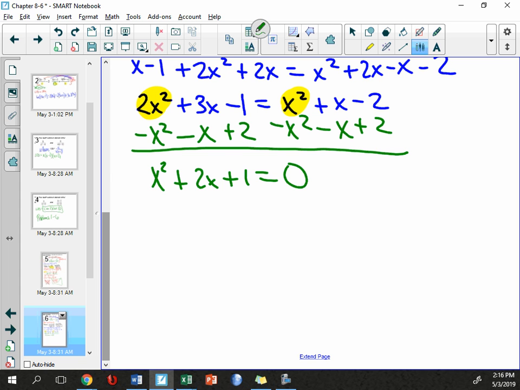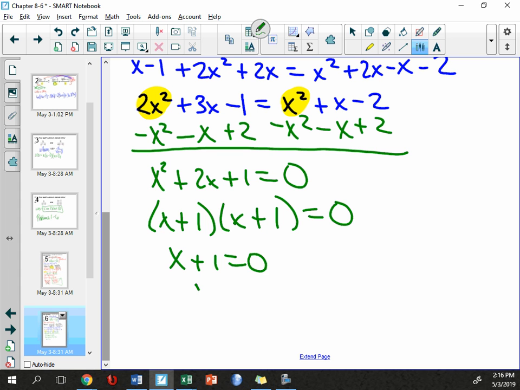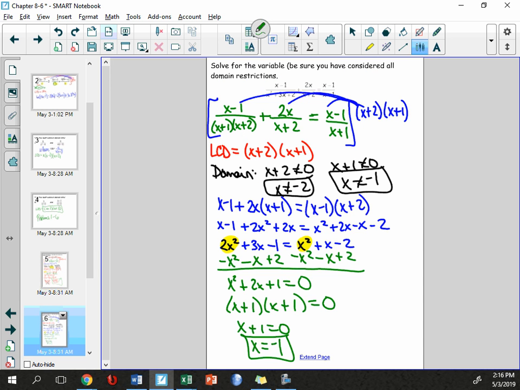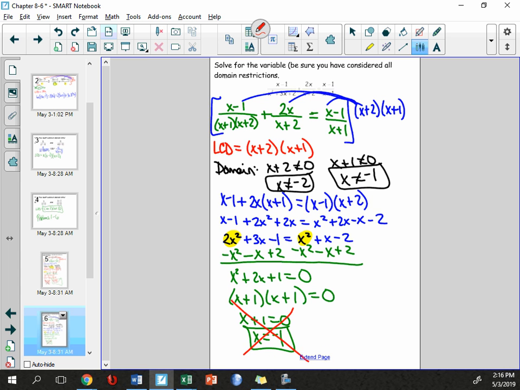Factor into two binomials. X plus 1 times x plus 1 equals 0. So what is it going to be? X plus 1 is equal to 0, so x is equal to negative 1. Box that in and look at your what? Restrictions. Is x equaling negative 1 a possibility? No, it's not. So that means this is not an answer.